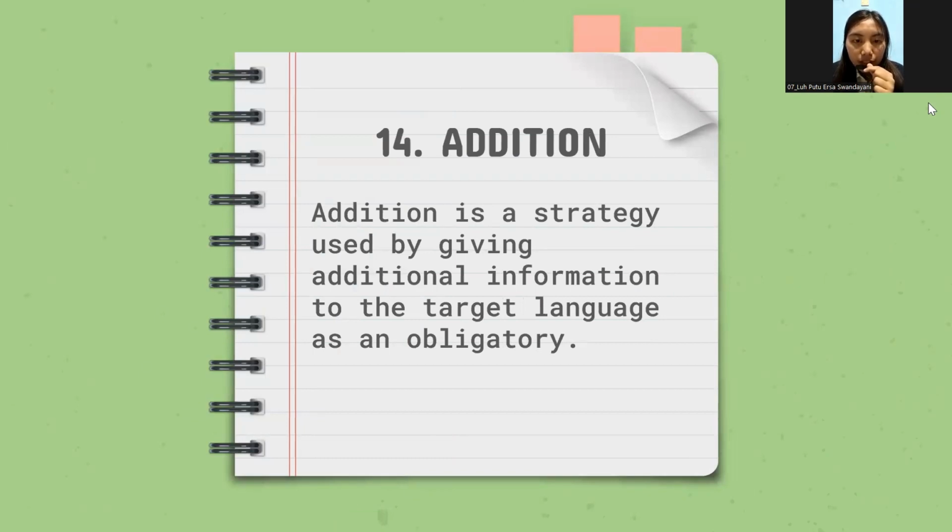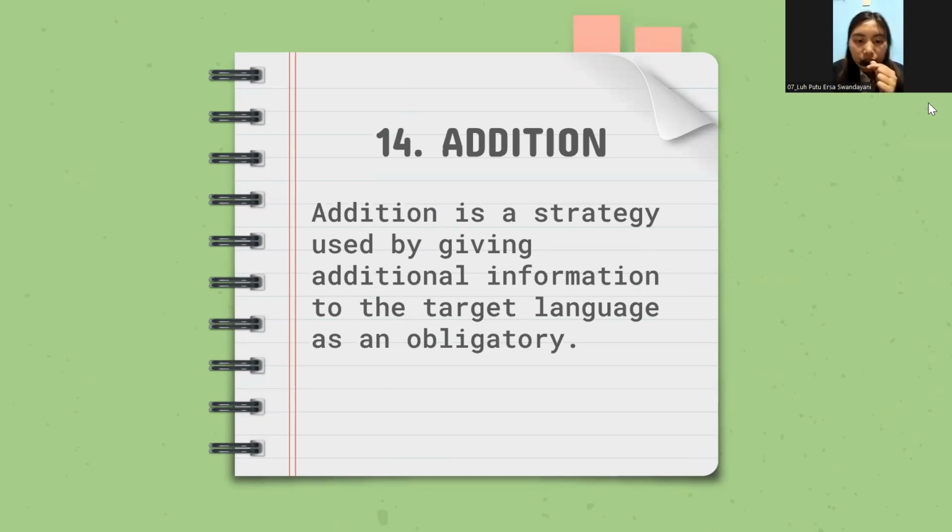Number 14. Addition. Addition is a strategy used by giving additional information to the target language as an obligatory. Addition is also used to focus meaning, so it has the purpose of getting a clear meaning of a text.